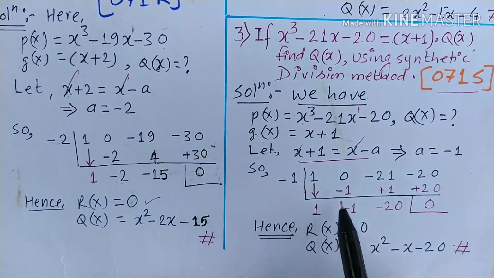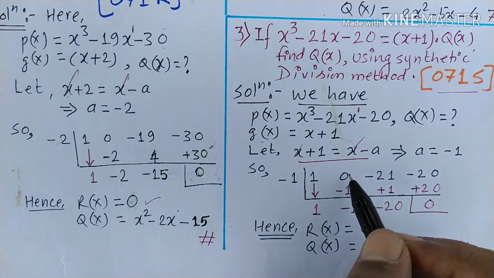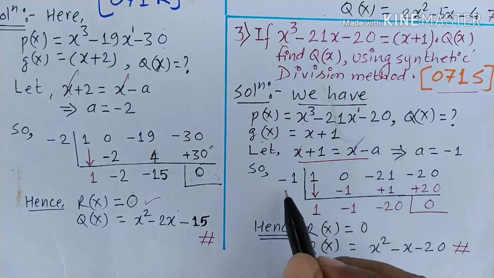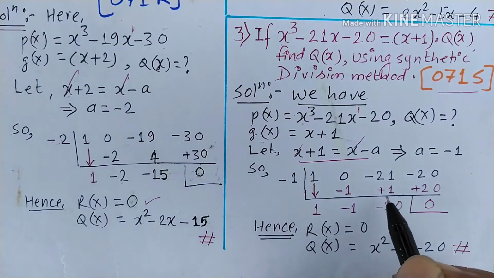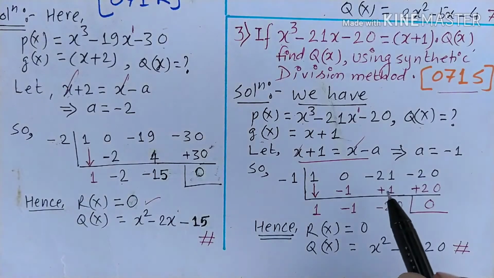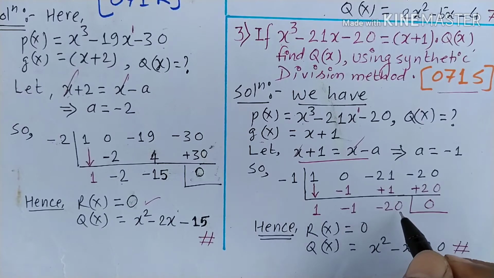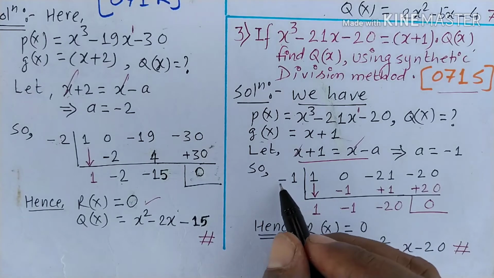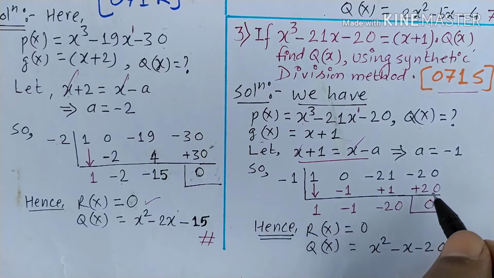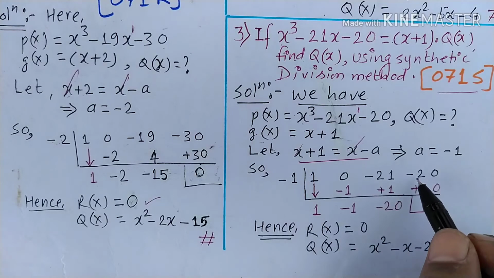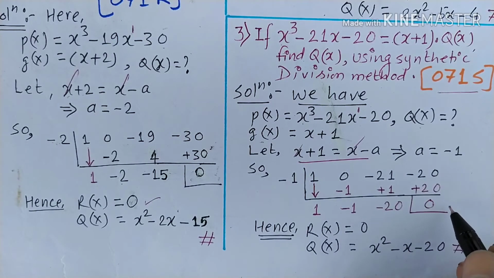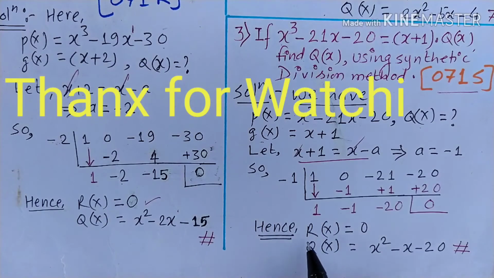Minus 1 times 1 is minus 1, 0 minus 1 means minus 1, again minus 1 times minus 1 is plus 1, that is minus 21 plus 1, if we operate you will get here minus 20, and minus 1 times minus 20 is plus 20, then you will get minus 20 plus 20 is equal to 0. It is the remainder, so r(x) is equal to 0 and q(x) is equal to this.